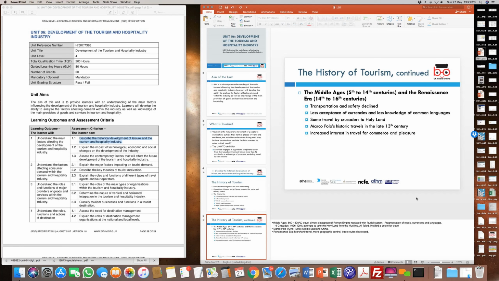What we do see is that at some point in time, this particular activity in the Middle Ages basically disappeared. And this disappeared primarily because of a couple of things.